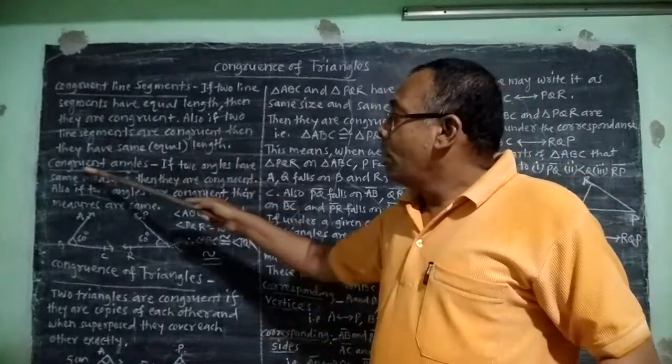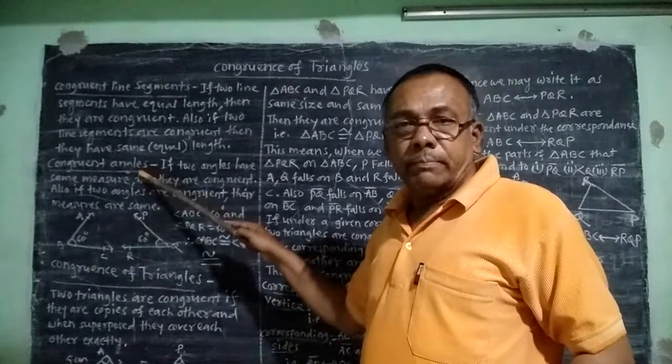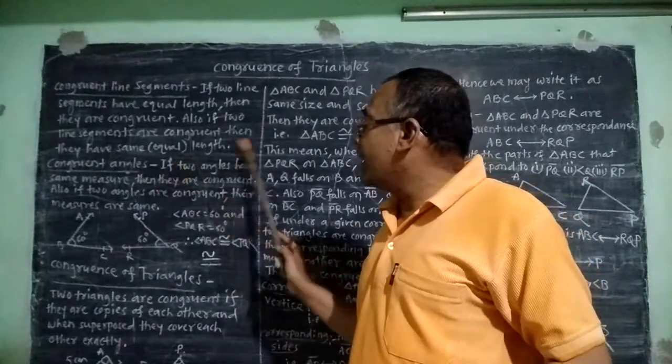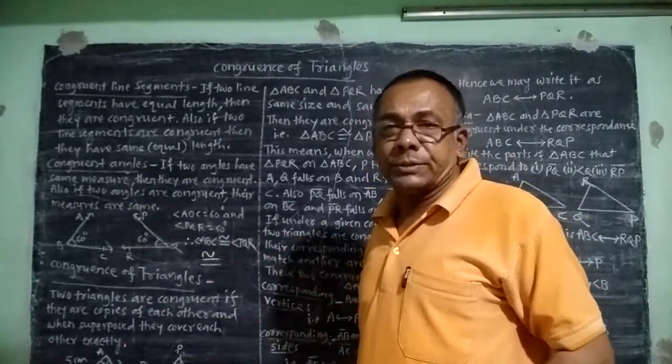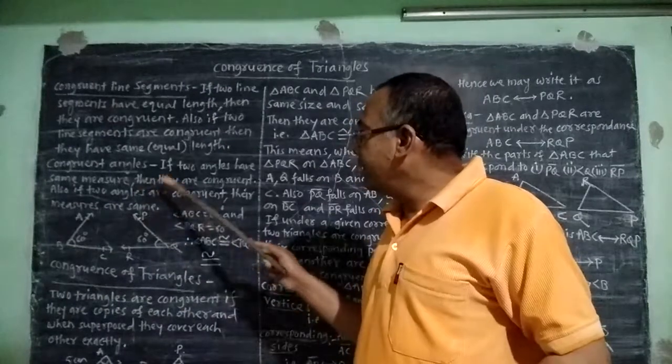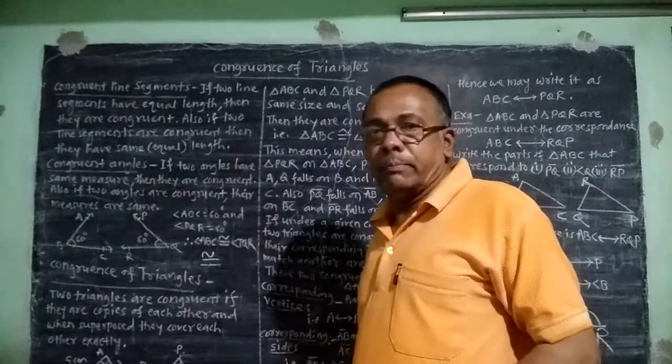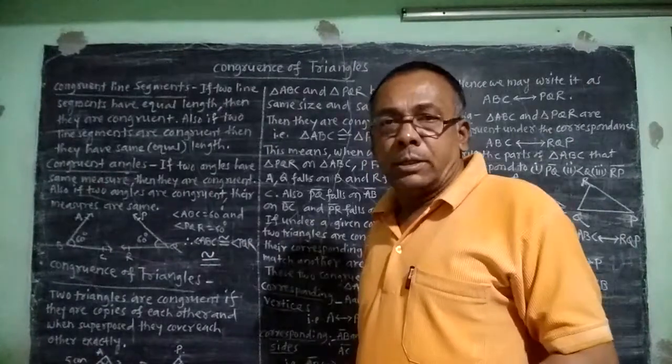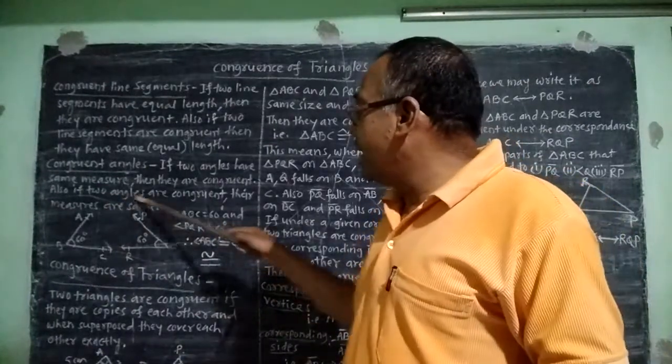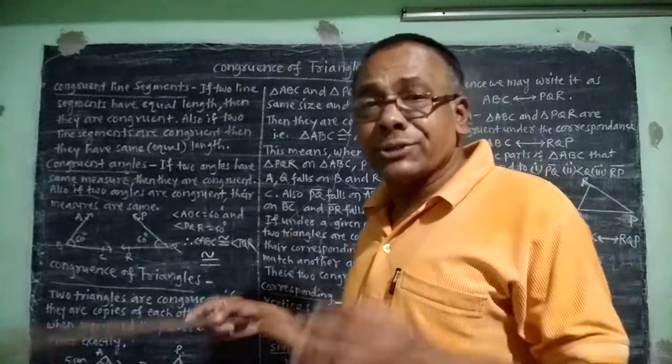Similarly, congruent angles. If two angles have the same measures, then they are congruent. Also, if two angles are congruent, then their measures are the same.